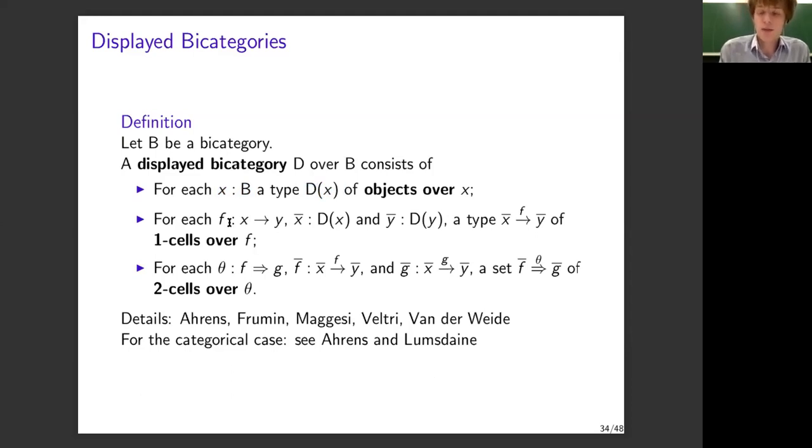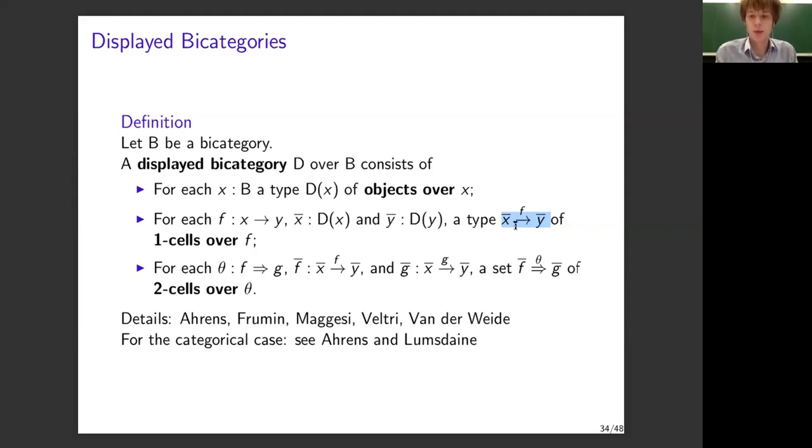Secondly, we have for each morphism, and objects over X, the domain and codomain of this morphism, a type of one-cells over this morphism. In our example, here we have a function between one-types, we have an algebra structure on X, we have an algebra structure on Y, and then this represents the type of proofs that f is a homomorphism.